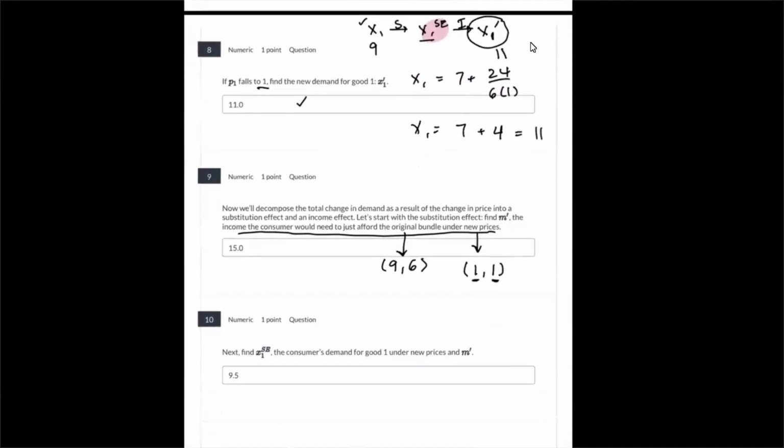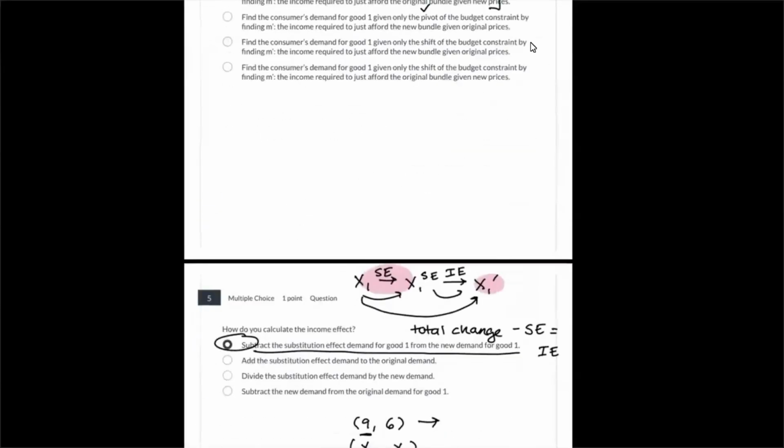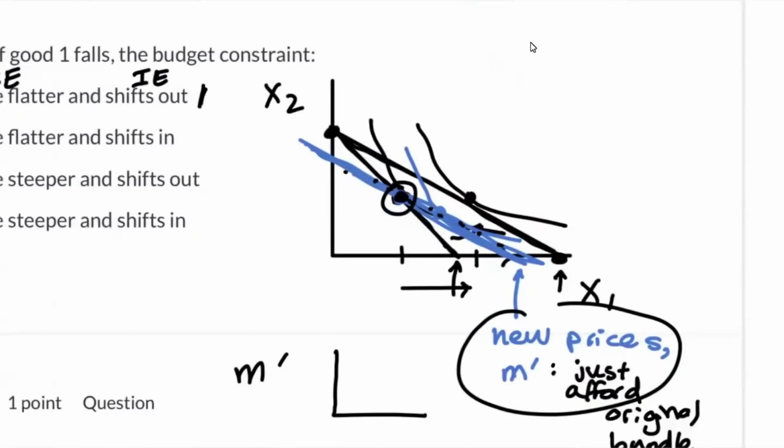So what is my expenditure? If I buy 9 units of good 1 at a price of 1, it's 9. 6 units of good 2 at a price of 1, that's 6. So my income M prime is 15. And that's the income, if you look back at my picture, this is the income of 24.